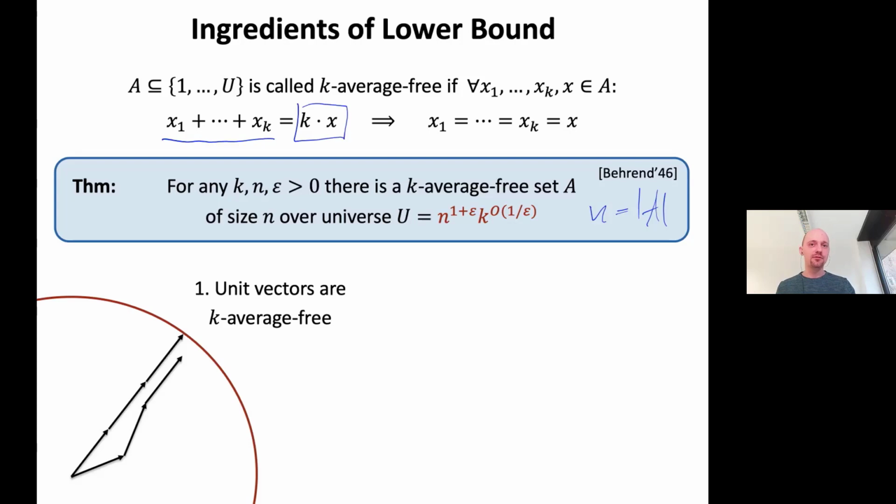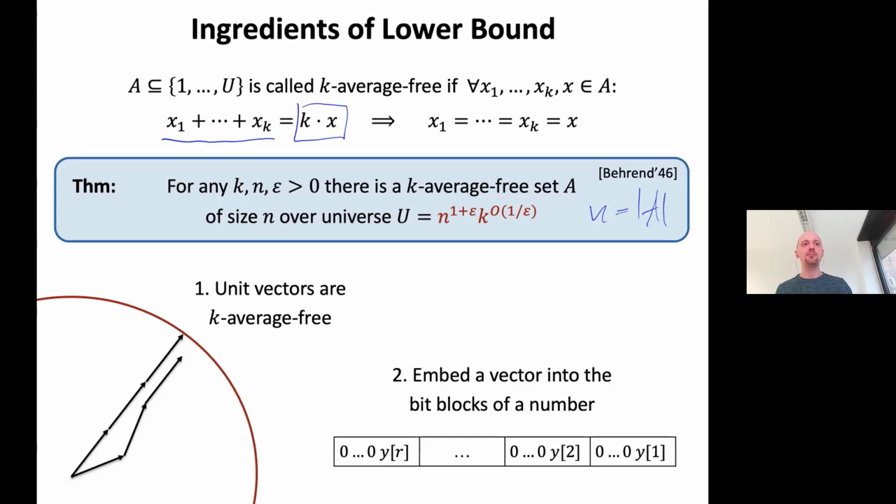Okay, so for vectors, this is easy to see, and then this construction by Behrend first looks at vectors with integer coordinates and shows that there are sufficiently many, and then it embeds vectors into integers by just writing the components of the vector in different bit blocks and having a bunch of padding zeros to avoid overflow. So it's not hard to do, but that's the rough intuition why these kinds of objects exist.